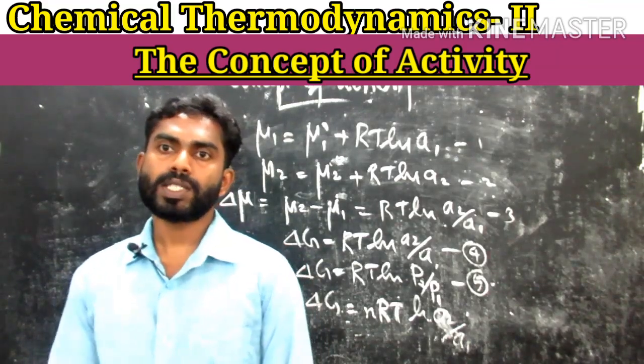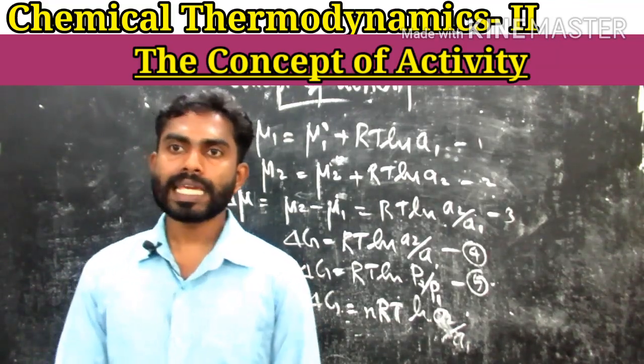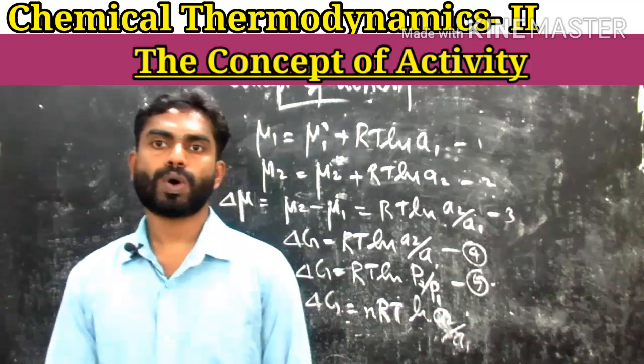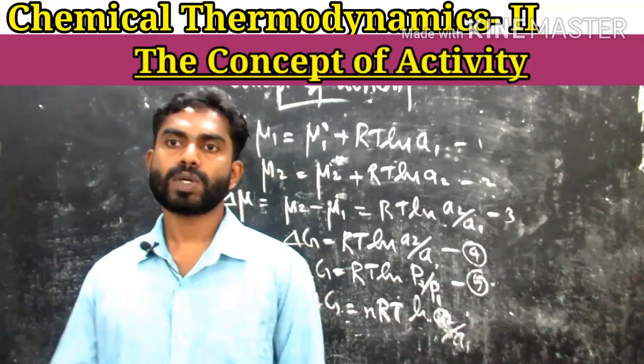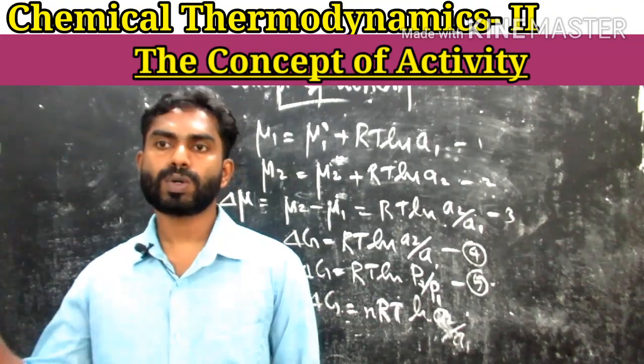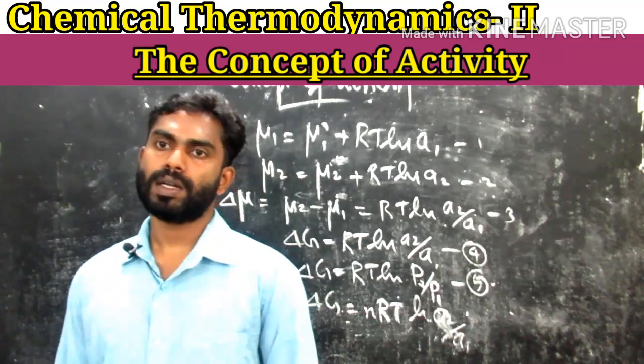The standard state for a liquid at any given temperature is the pure state of the liquid at 1 bar pressure. In this state, F is equal to F0, so that the activity is equal to 1.